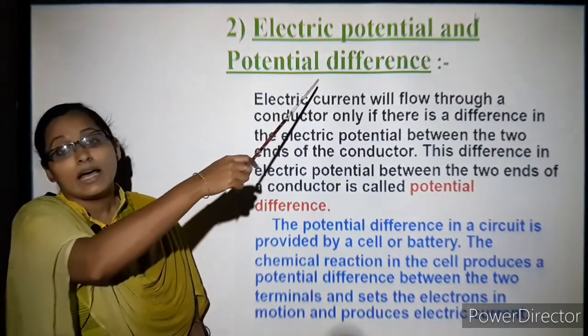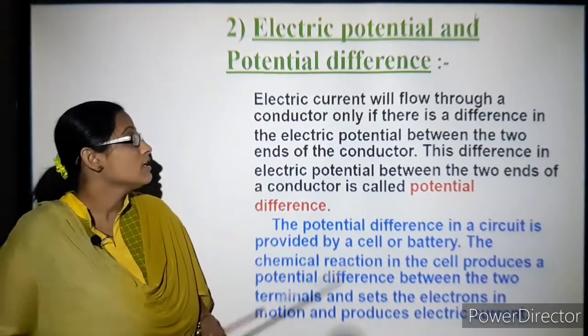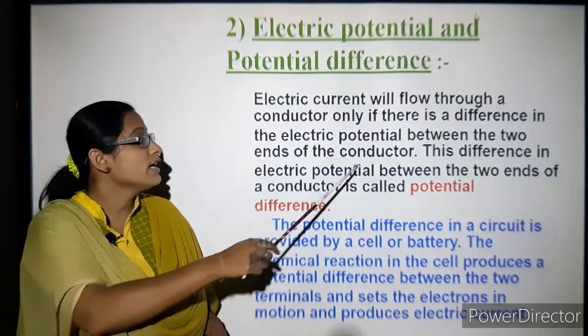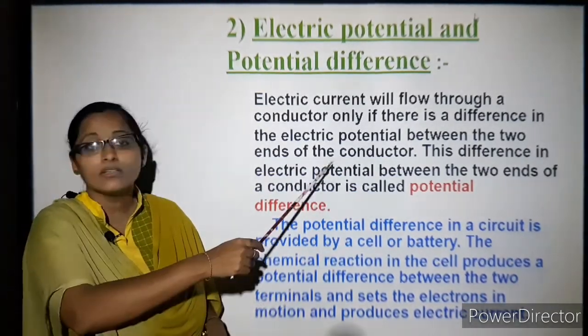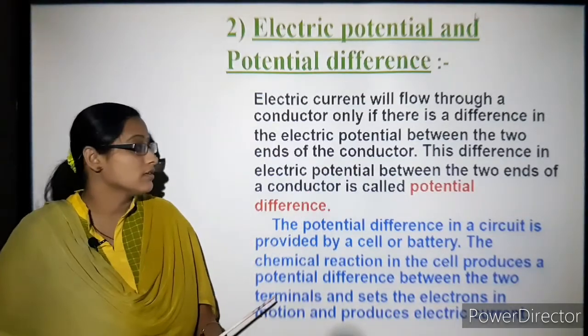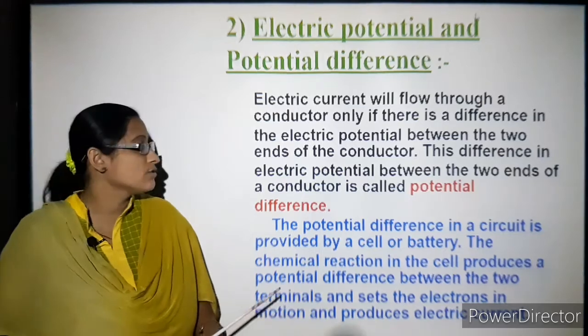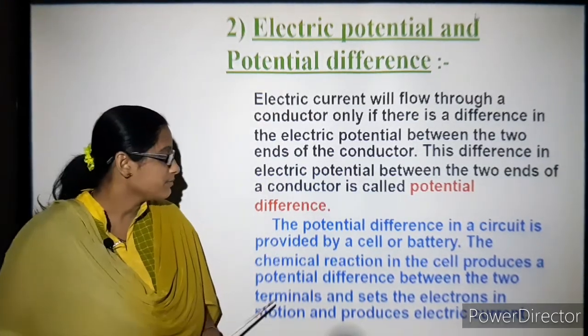So what is electric potential and potential difference? Electric current will flow through a conductor only if there is a difference in electric potential between the two ends of the conductor. This difference of electric potential between the two ends of a conductor is known as potential difference.